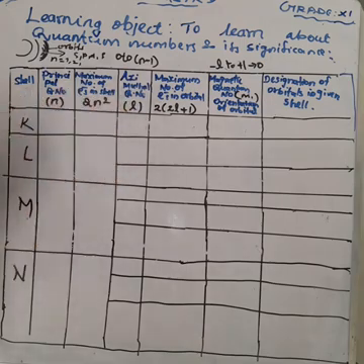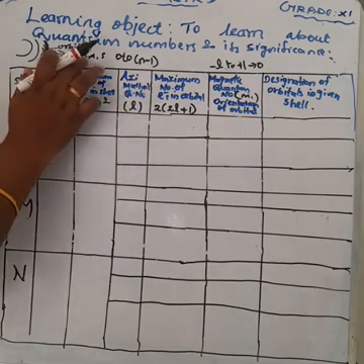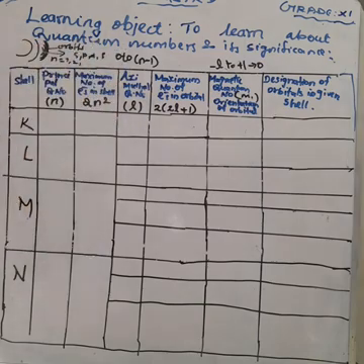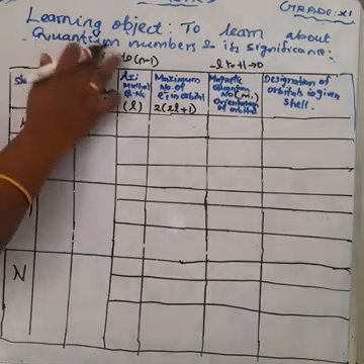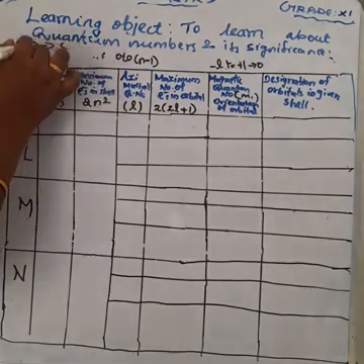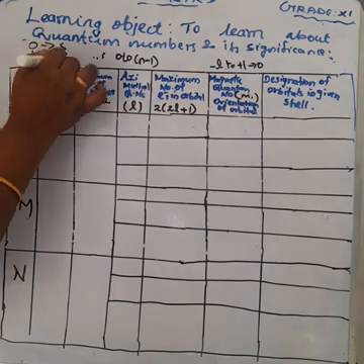When l is equal to 0 it is the S subshell, l is equal to 1 is the P subshell, l is equal to 2 is the D subshell and l is equal to 3 is the F subshell.